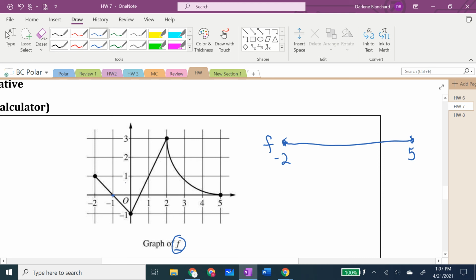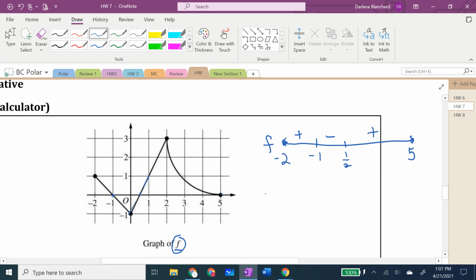It is equal to 0 at x equals -1. It is equal to 0 here, which if it's on this line, that's got to be 1/2. And it's equal to 0 at the other endpoint. Then where is it positive, negative? It's above the x-axis, below the x-axis, above the x-axis.